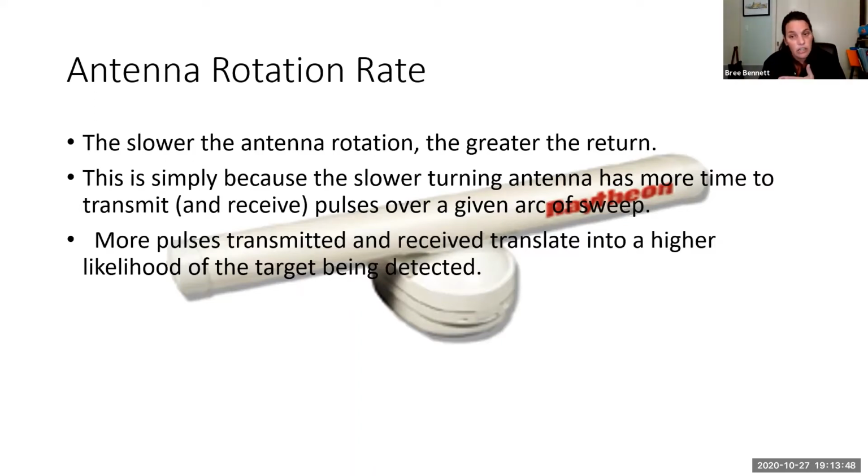But the faster it goes, the more echoes that are going out, so the more likelihood that a target might get detected. So there's a balance, of everything I've said, between a slower or faster repetition rate. Now, what did I say last week? Does anyone remember what my repetition rate was?